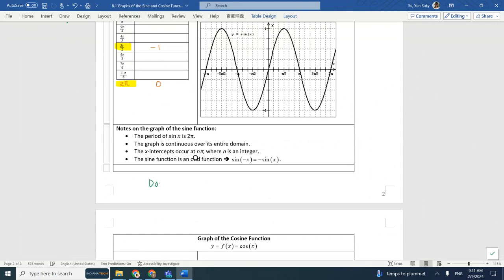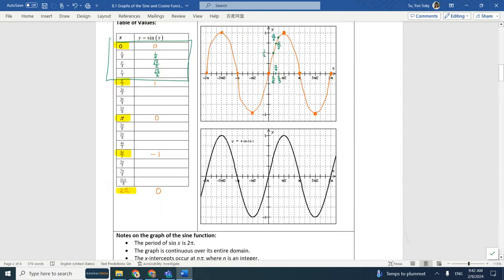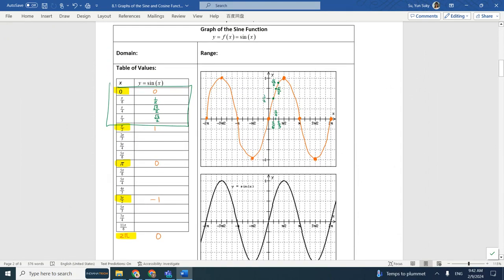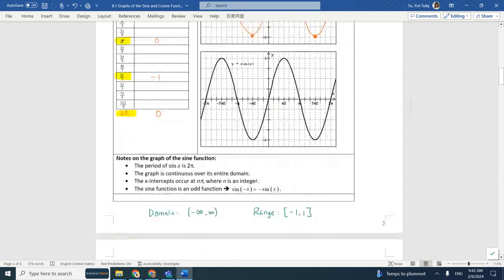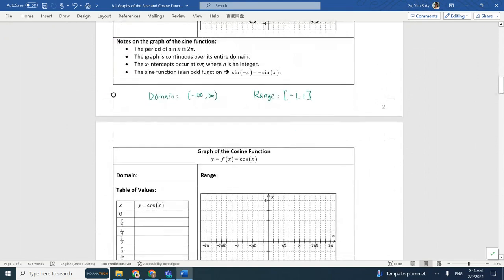The domain is minus infinity to infinity. And the range? Yes, very good, minus 1 to 1. Right, everybody? Oh, it's on the top. Okay, good. Now, let's look at cosine.